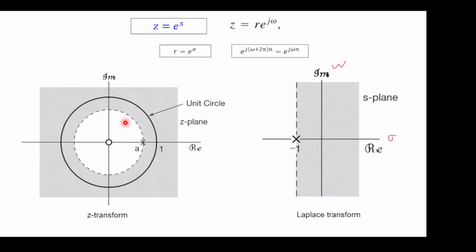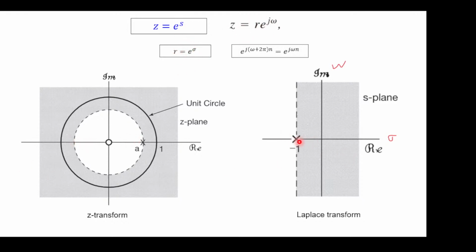But okay, so back to the comparison between z transform and the Laplace transform. So you see that we take z to be e to the s, and now if you think about z as the polar decomposition, so there is an r and an e to the j omega, and then you see that this r will depend on the real part of your s, right? So if you think about s as sigma plus j omega, then this r will be e to the sigma.